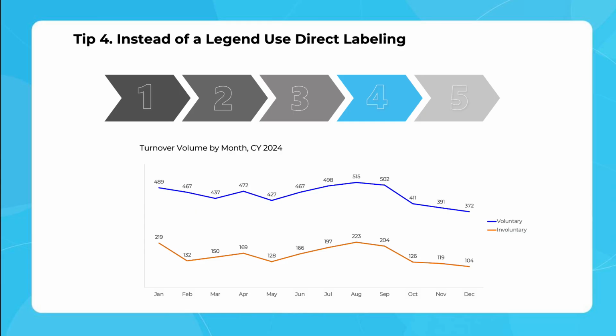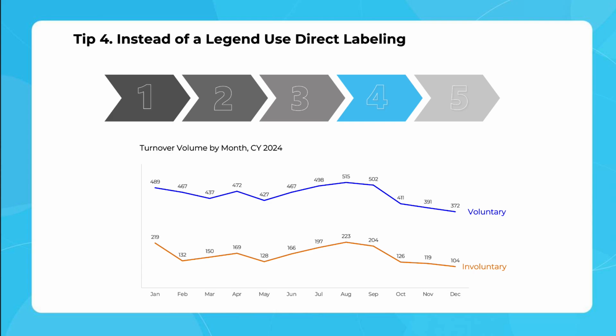But in general, the legend, if done correctly, is not necessary. So this is what I mean by direct labeling. Putting the data category label at the end of the line chart, or next to your bar chart and so forth, reduces the need for the legend, thus reducing the noise.